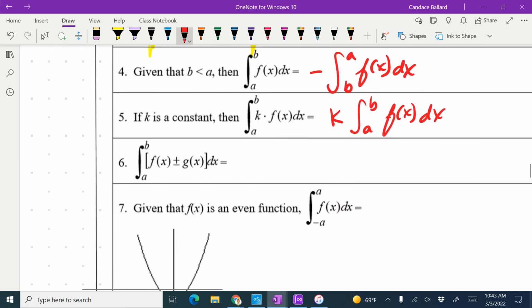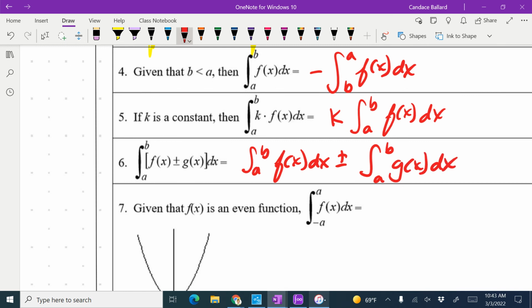All right. Like many of our other properties that we have for logarithms and other things, when you're adding and subtracting integrations, you can split them up and add and subtract them separately. Notice I'm not changing my interval at all. I'm not changing my bounds on there.